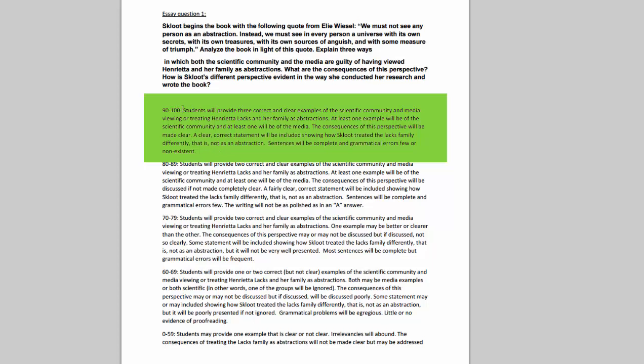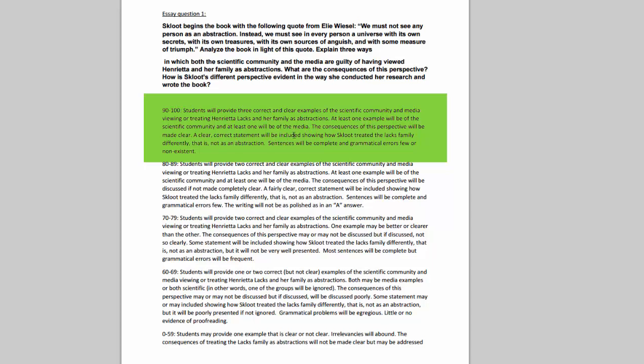But if they want an A, they're going to have to give 3 clear and correct examples of the scientific community and media viewing or treating Henrietta Lacks and her family as abstractions. One example will be of the scientific community. One example will be of the media. They will need to make clear the consequences of this perspective.